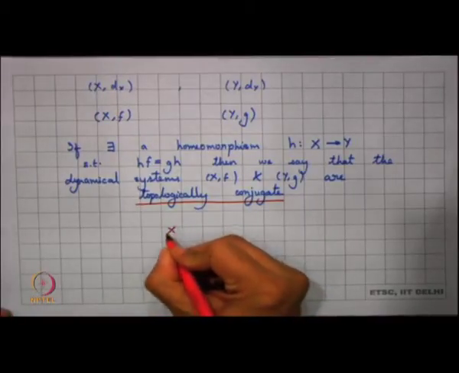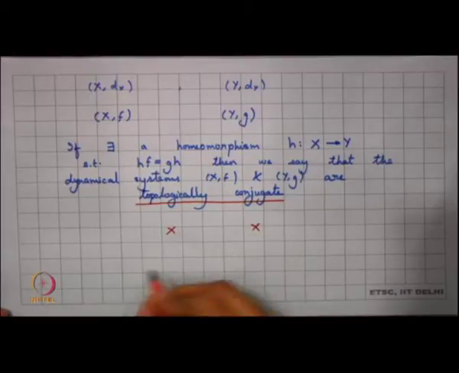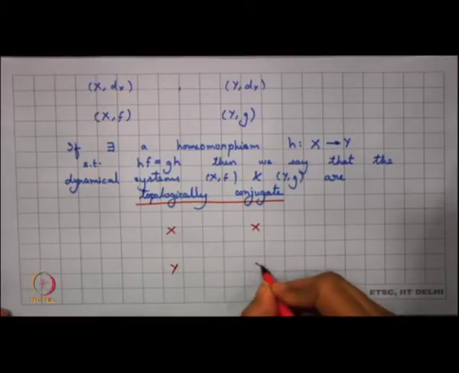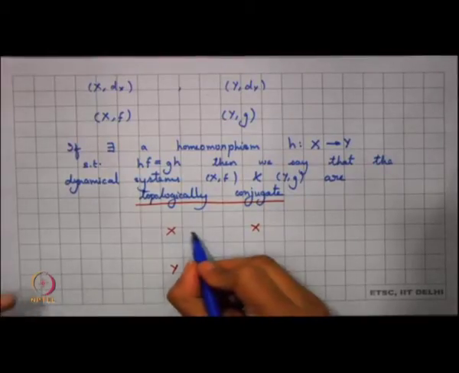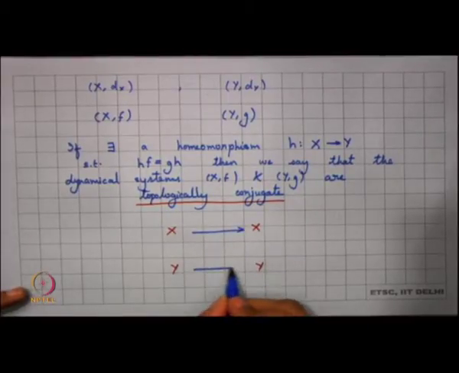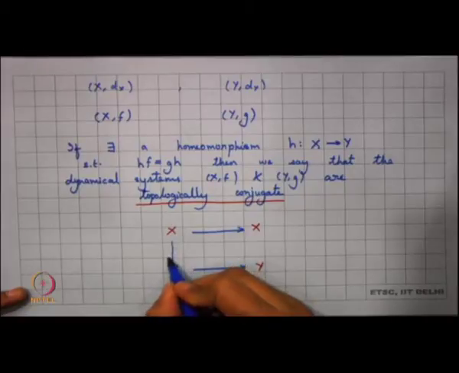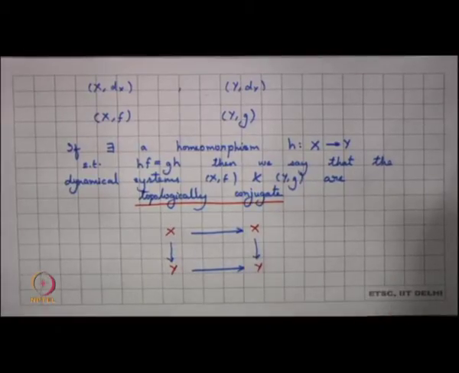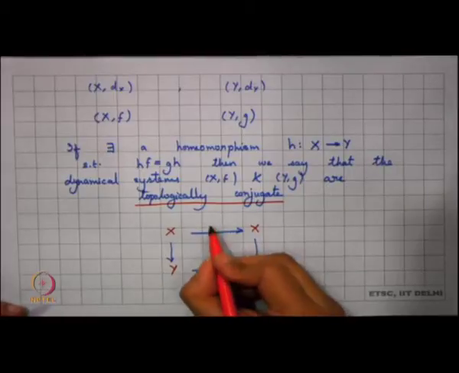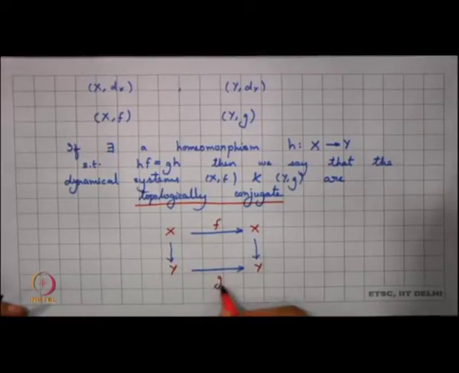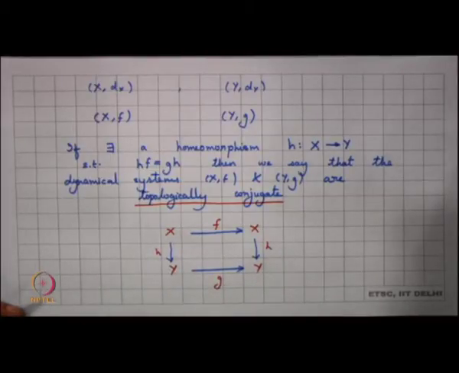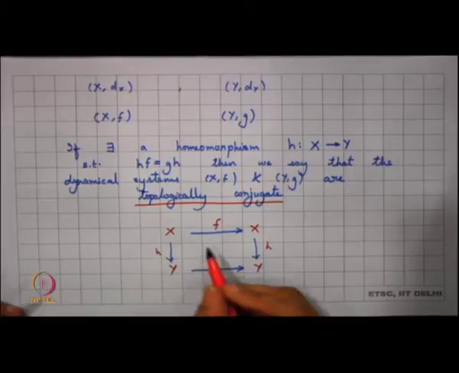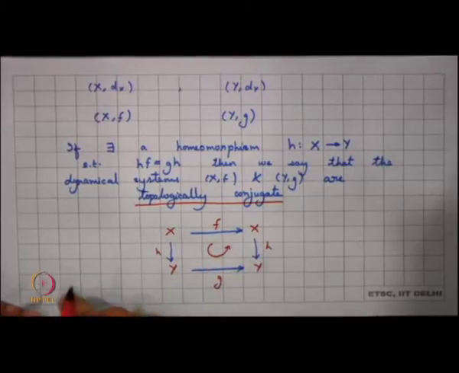I have my space X here and my space Y here. f takes X to X, g takes Y to Y, and h takes X to Y. That means h inverse will be taking Y to X, and we find that this diagram happens to be commutative.